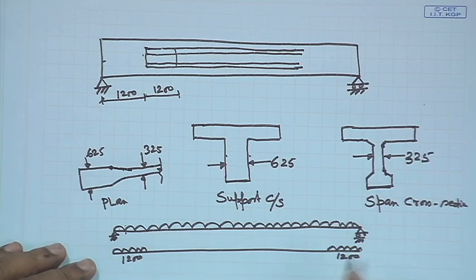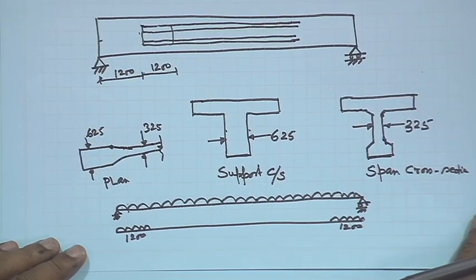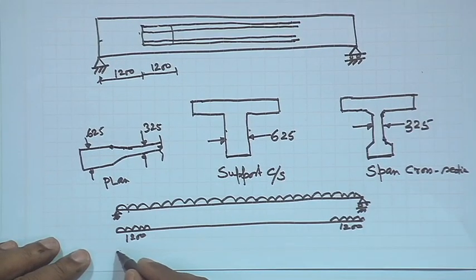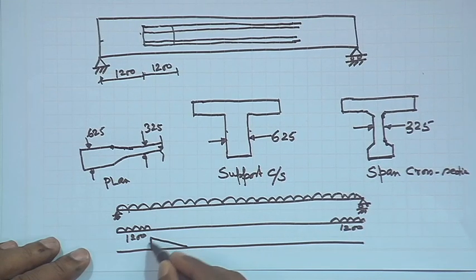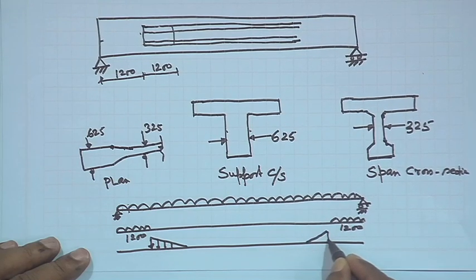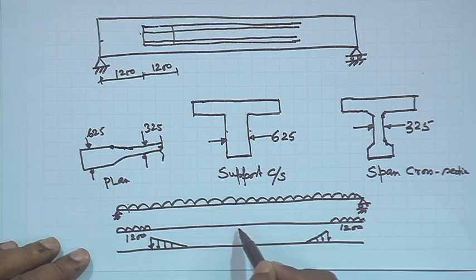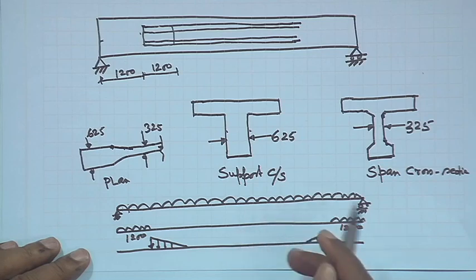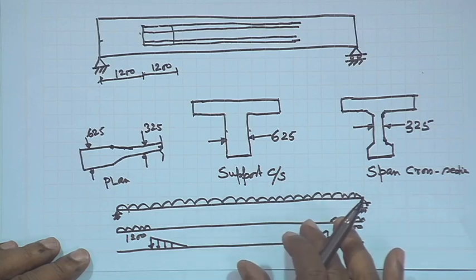Further I can have, so we can find out for each of them the bending moment at mid-span, like that we can find out, and we can see what difference you are getting here. So, that is the thing we can solve here.